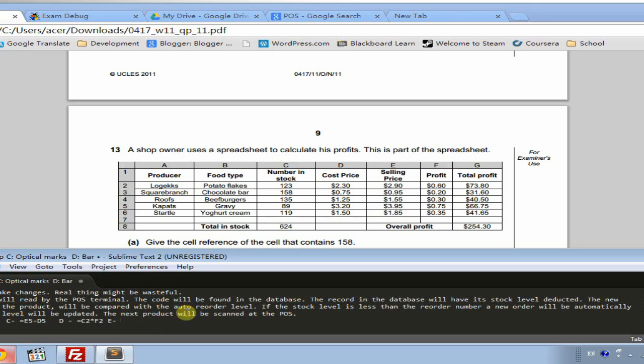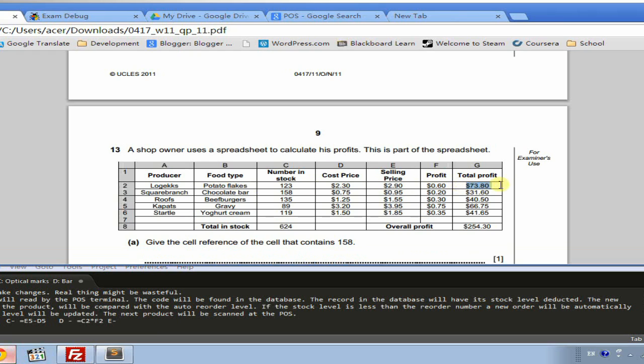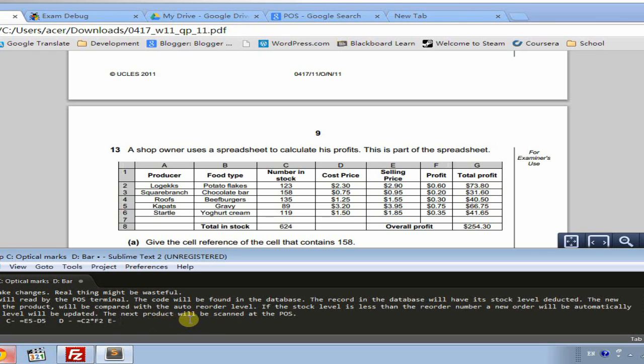So on G2, we could do it by finding the handle in G2 and dragging the handle down so that it's copied, filled down. Or we could copy the one in G2 and paste it in below.